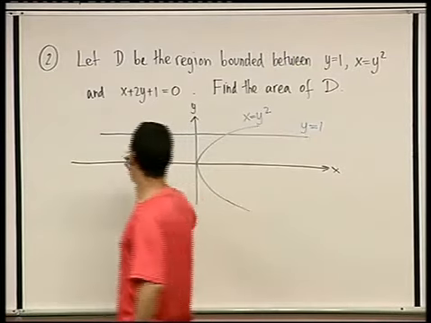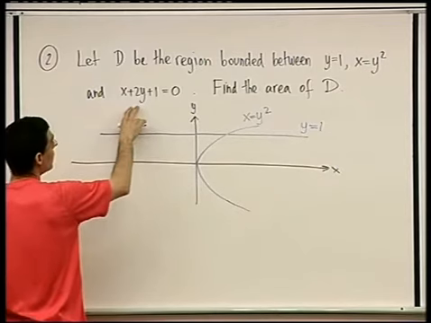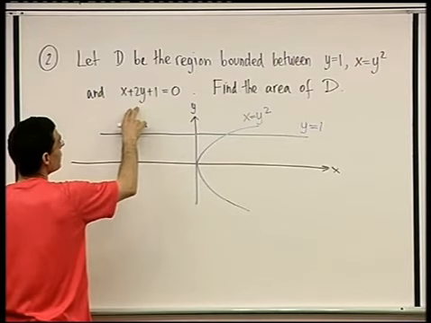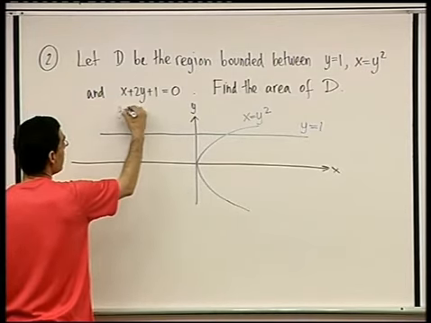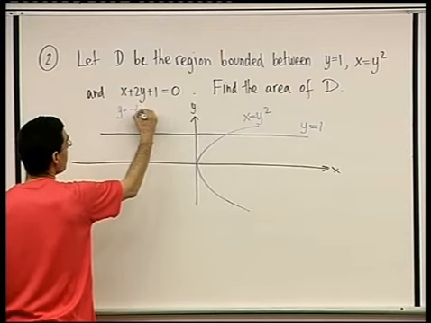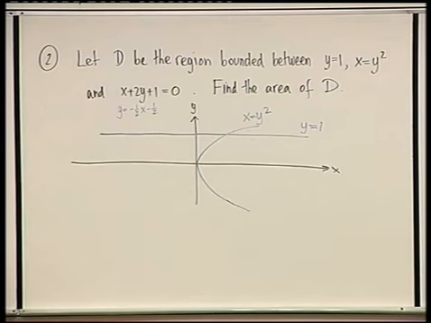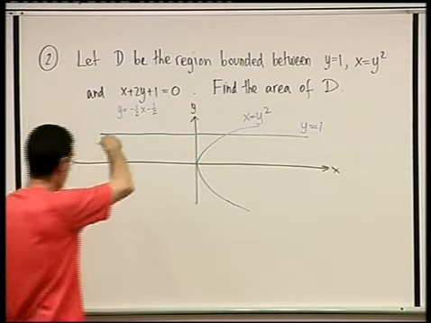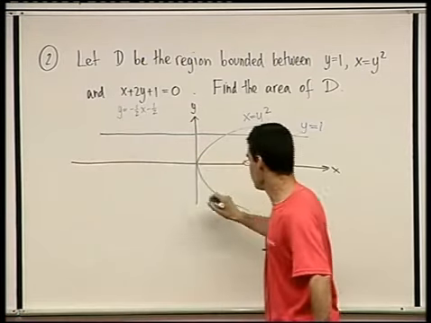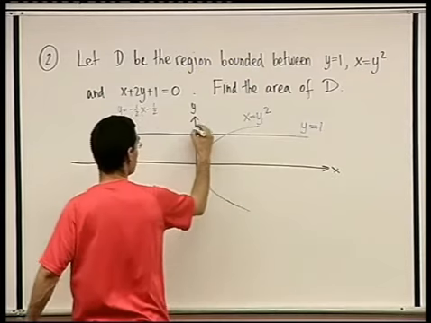And x plus 2y plus 1 equals 0. That's another way of writing 2y equals minus x minus 1, or y equals minus 1/2 x minus 1/2. Do you agree? Everybody? And that is just a straight line, and I know how to draw it, so it has to have slope minus 1/2 and cross at minus 1/2, so this is 1.